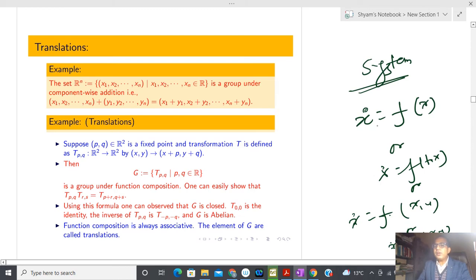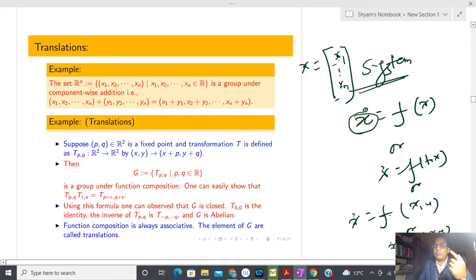Okay, so everywhere you can see that whenever I have a state x, if that belongs to R n, then I am able to represent that by n-tuples of real numbers. Now it is possible to show that these tuples form a group under component-wise addition.